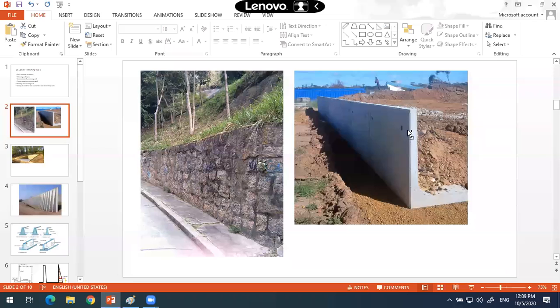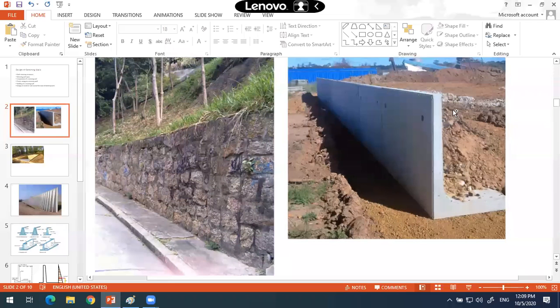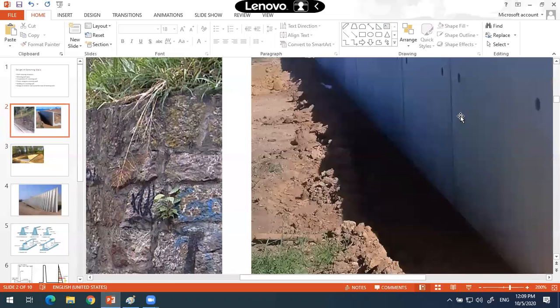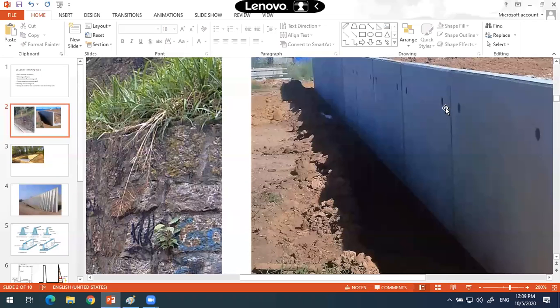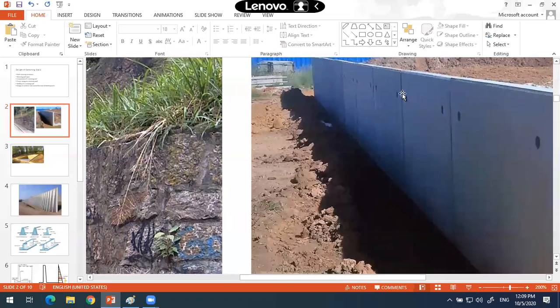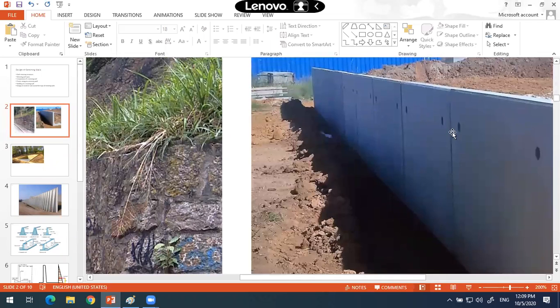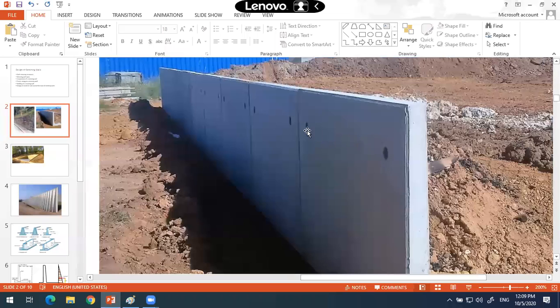Okay. So if you look closely, there are some holes provided here. Is it visible for you? What I'm showing over there? Are these holes clearly visible to you? Yes, sir.